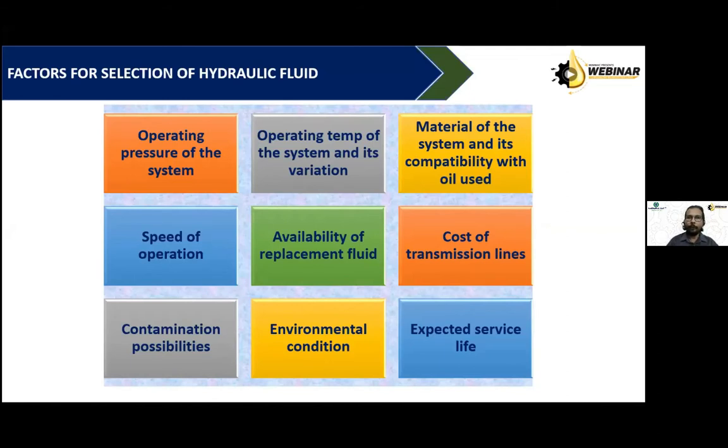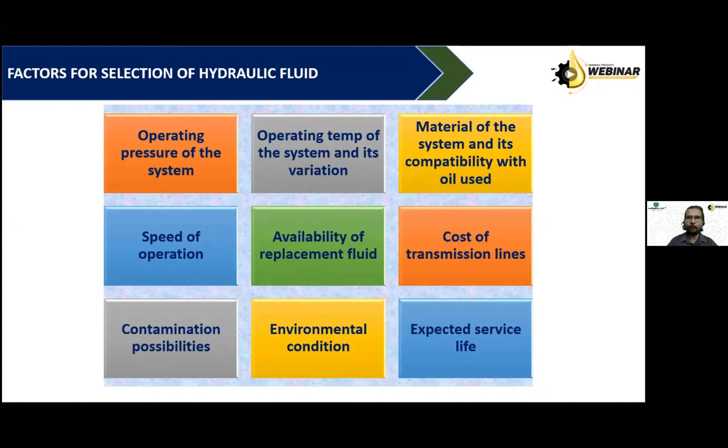Again, when we choose the fluid, we have to say what type of contamination may come. Suppose we are working in the refinery where air has a lot of gases, hydrocarbons. If we are working in the mining area, we have much carbon dust around the equipment.